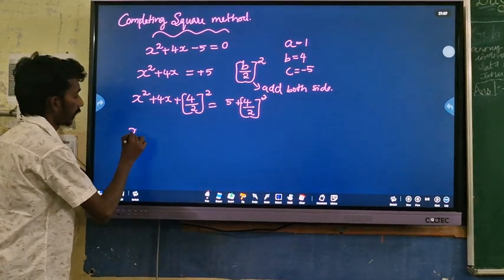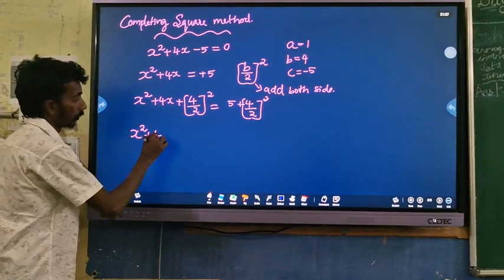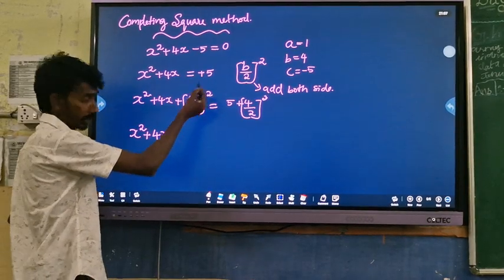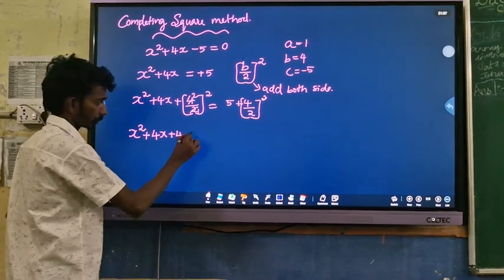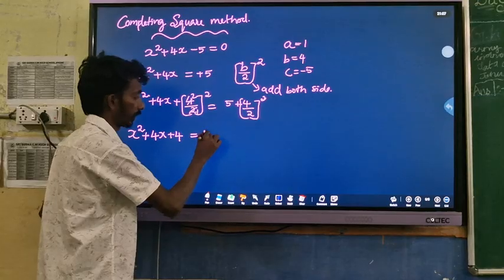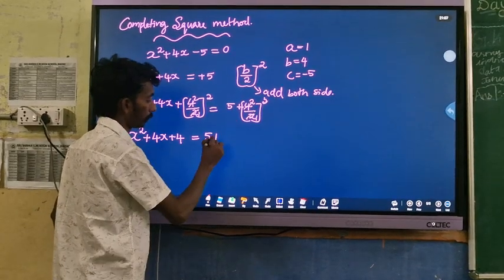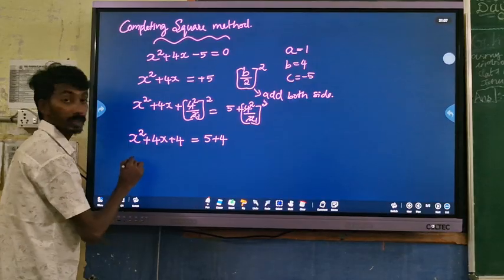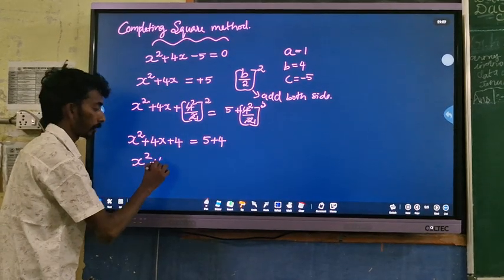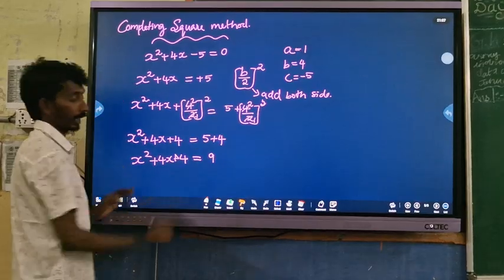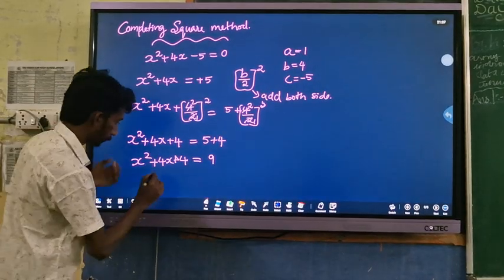What is 4 by 2? 2 ones are 2, 2 twos are 4, 2 square is 4. So 5 plus 4 is 9. Here it is x square plus 4x plus 4 is equal to 9. We will get it like this.